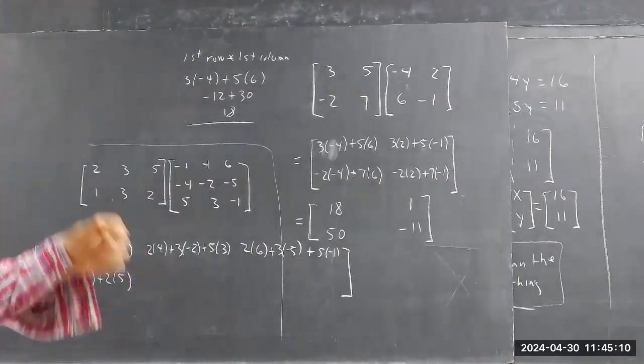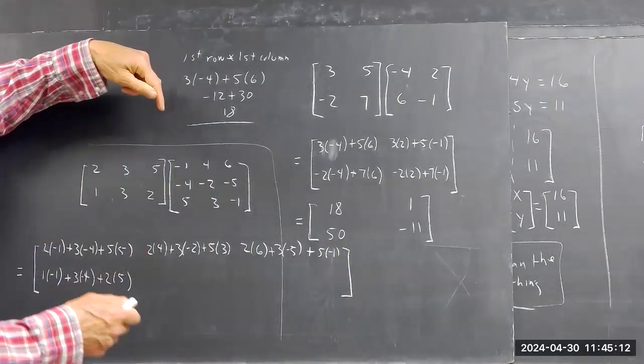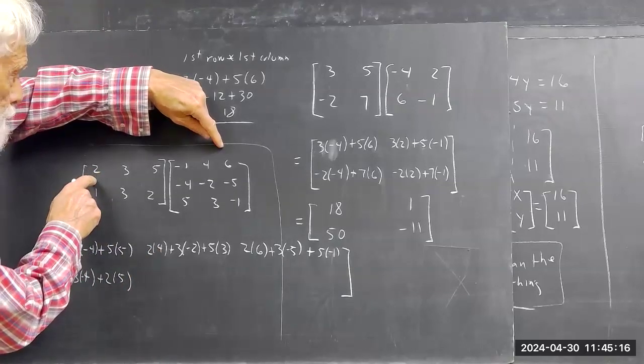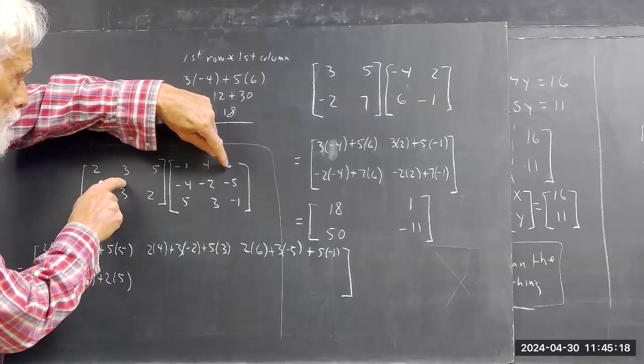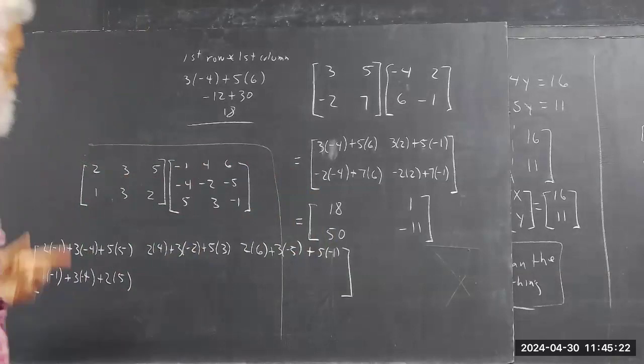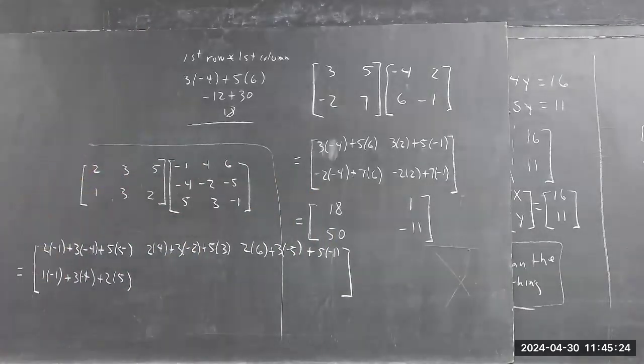Now, there are a lot of calculations involved. I want to make sure we've not made a clerical error. I'm tending to make a lot of them. 2 times 6, 3 times -5, 5 times -1. I've got that all.